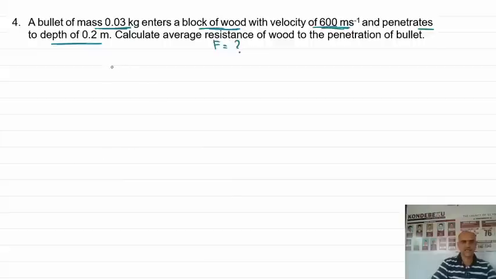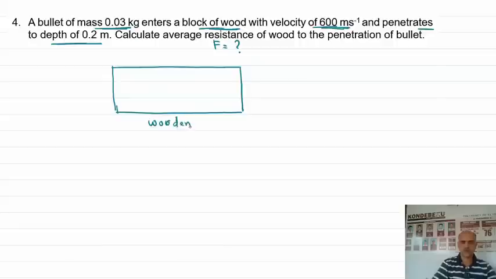So now if I take, there is a wooden block. A bullet of mass enters. So here you may say there is a bullet.